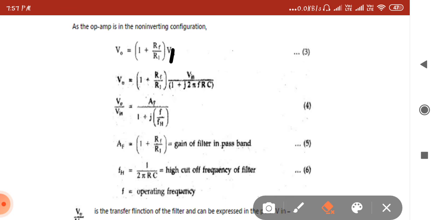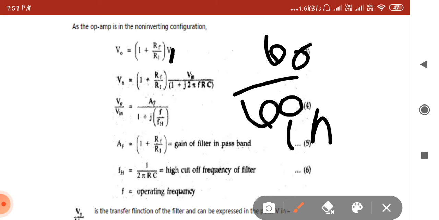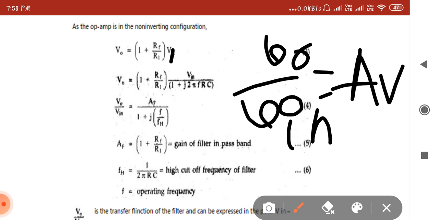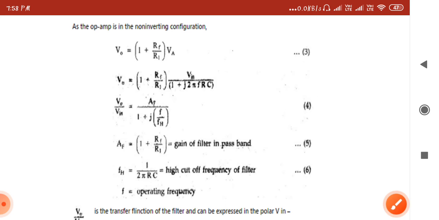You have to take that one. V naught divided by Vin is the voltage gain. Here you can take it as AF, right? AF equals what? 1 plus RF divided by R1 into 1 divided by 1 plus j 2 pi f RC.